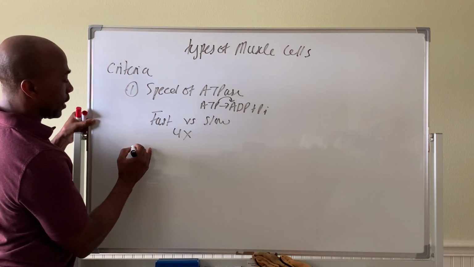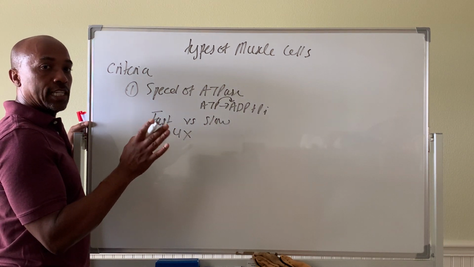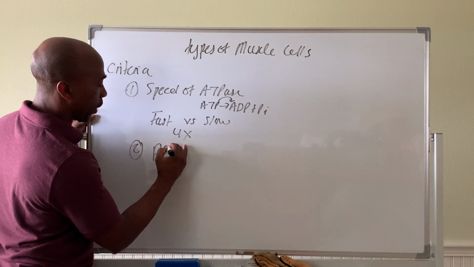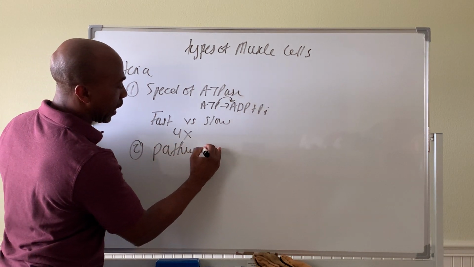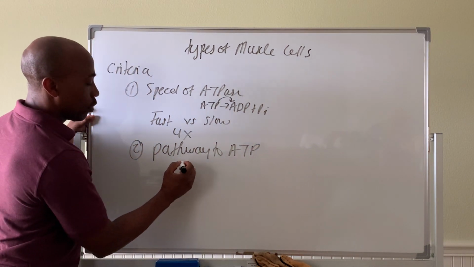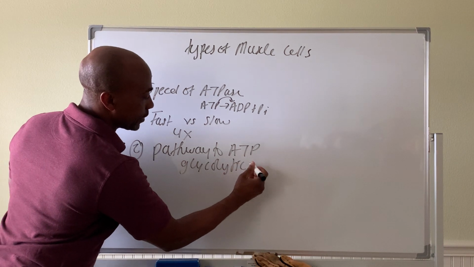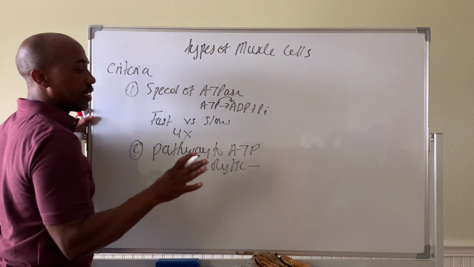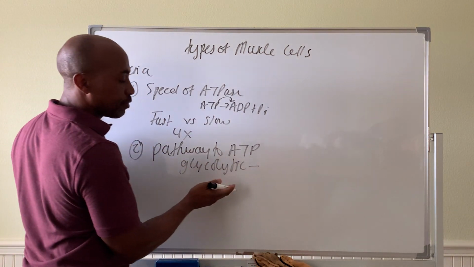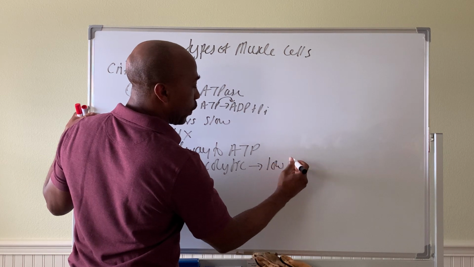And the second criteria is based on what pathway is used to produce ATP. You have what's called the glycolytic pathway. This one involves very few reactions, so fewer steps, but it gives you low yield, low levels of ATP.